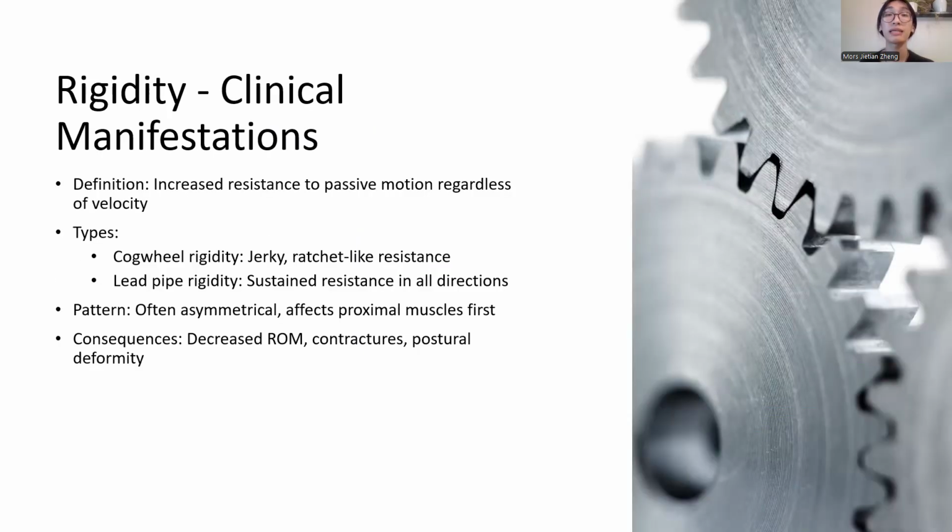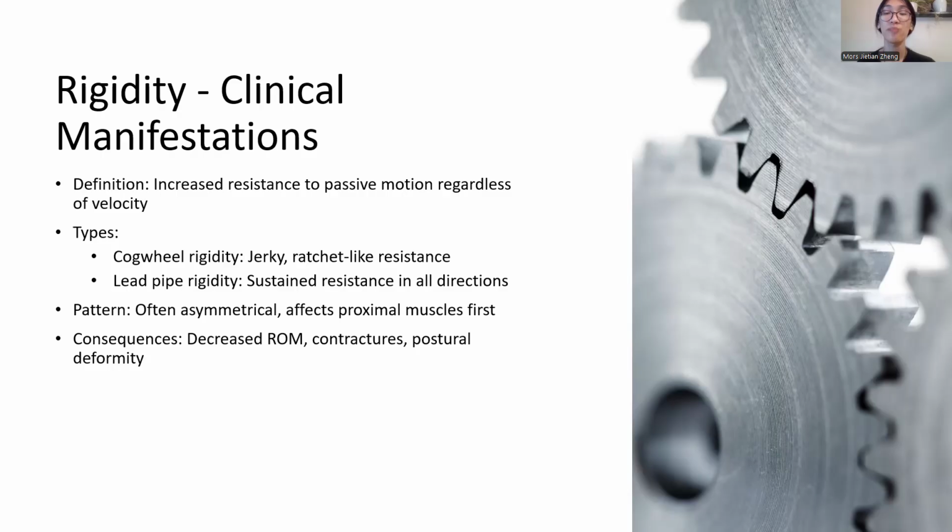Let's examine each cardinal feature in detail, starting with rigidity. Rigidity is defined as increased resistance to passive motion that occurs regardless of the velocity of movement. So it doesn't change according to the speed. This distinguishes it from spasticity, which is velocity dependent.